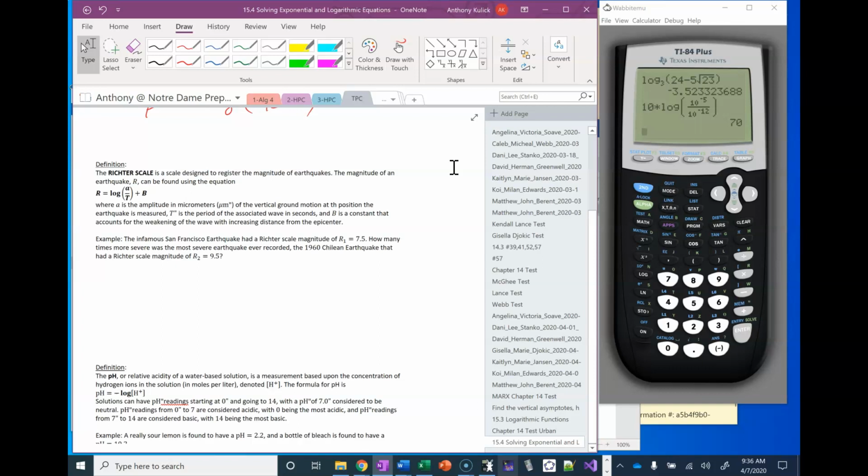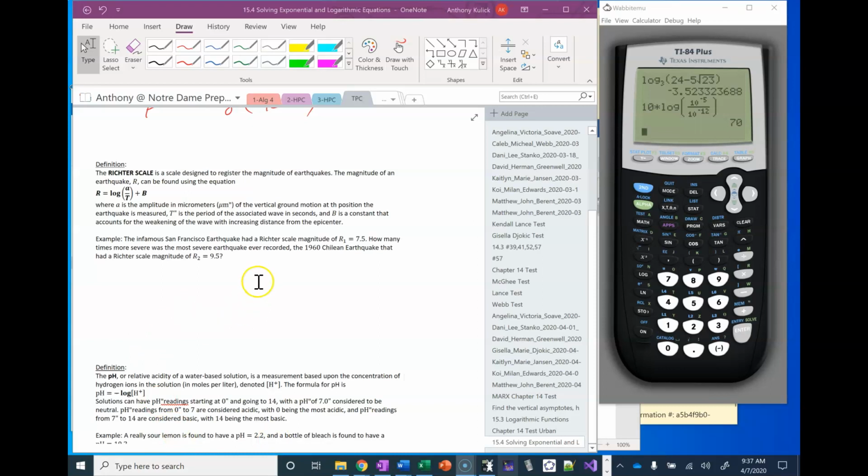The infamous San Francisco earthquake had a Richter scale magnitude R1 of 7.5. How many times more severe was the most severe earthquake ever recorded, the 1960 Chilean earthquake that had a Richter scale magnitude R2 equal to 9.5?